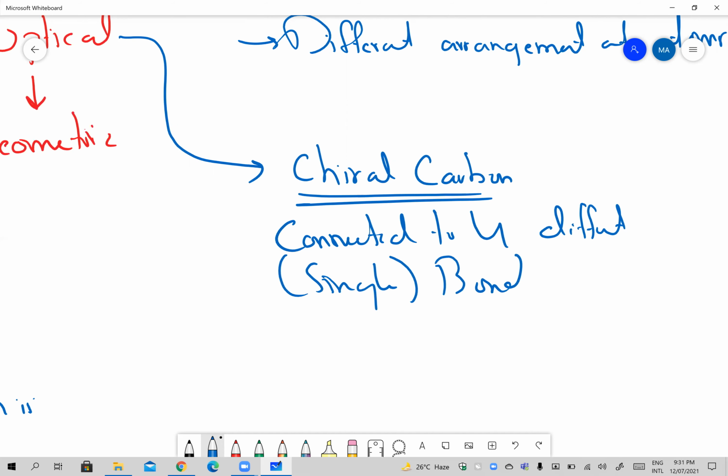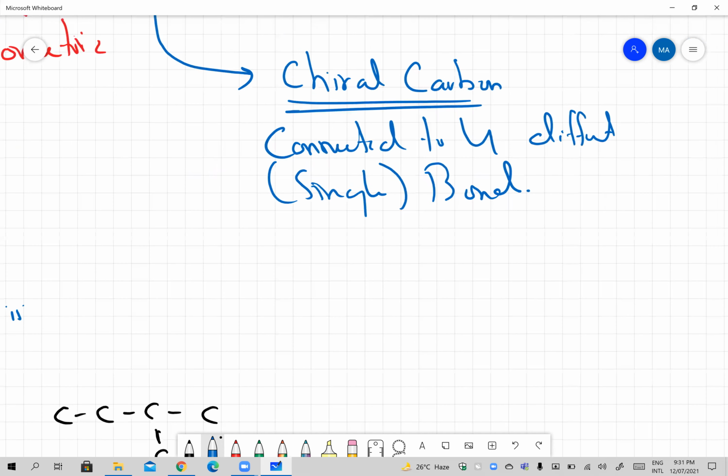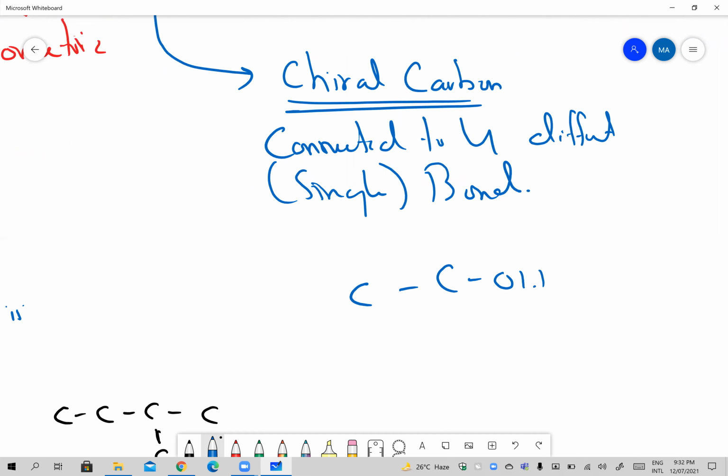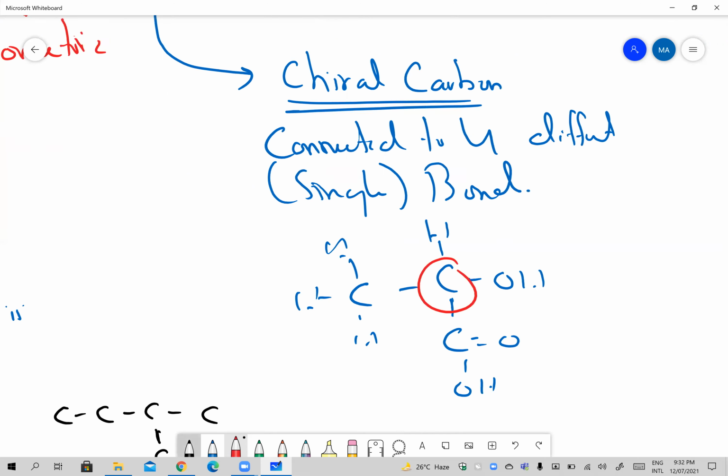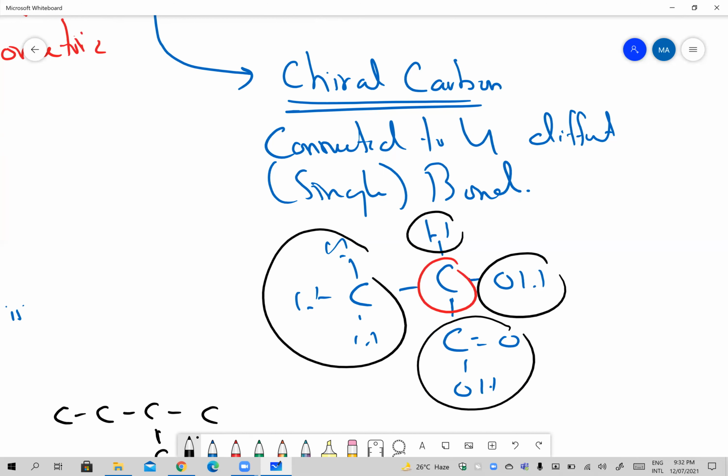For example, carbon connected to OH, connected to another carbon, connected to hydrogen, connected to another carbon having C double bond OH. So now this central carbon here, it's connected to OH on one side. It's connected to C double bond OH on the other side. It's connected to CH3 on one side and H on one side. So this central carbon has 4 different single bonds. This is known as a chiral carbon.